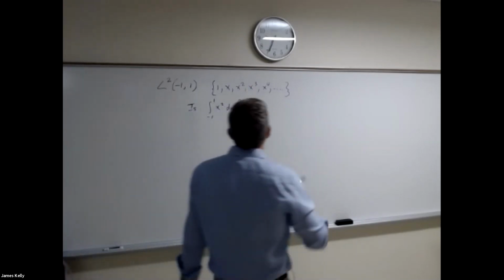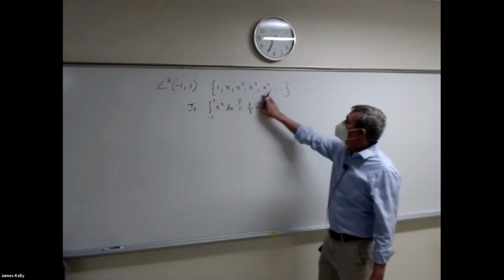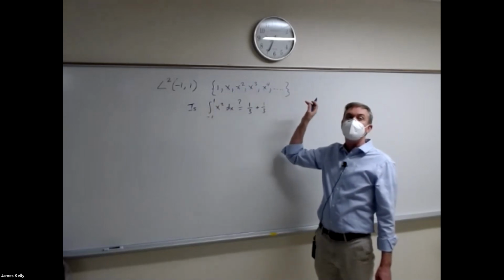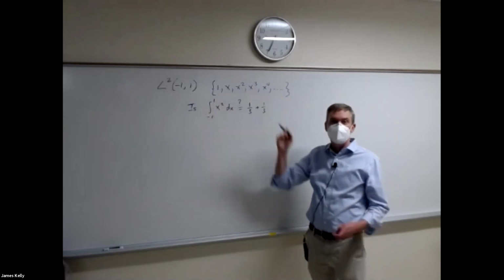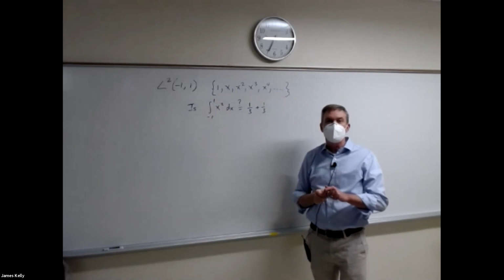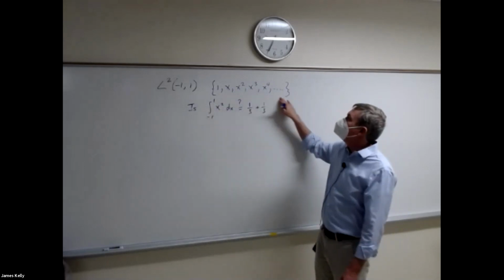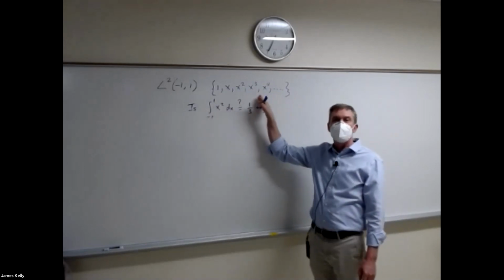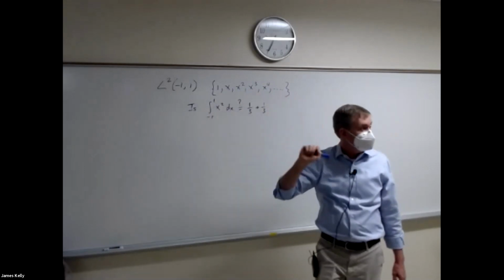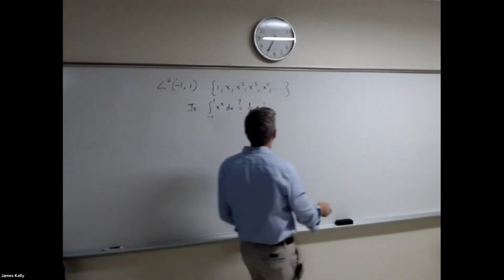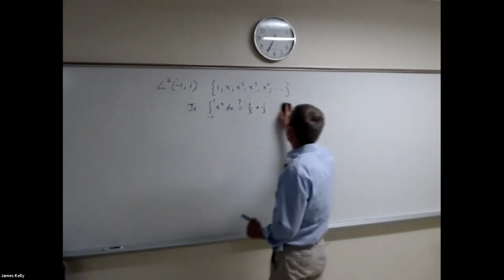But from our work in calculus with Taylor series, you can write a lot of functions as an infinite linear combination of these. That would be just like writing their Taylor series expansion that happened to be valid on -1 to 1. So it seems like this is enough to represent all the functions we want. It's just not an orthonormal collection. And we want to learn how to create out of this an orthonormal collection.